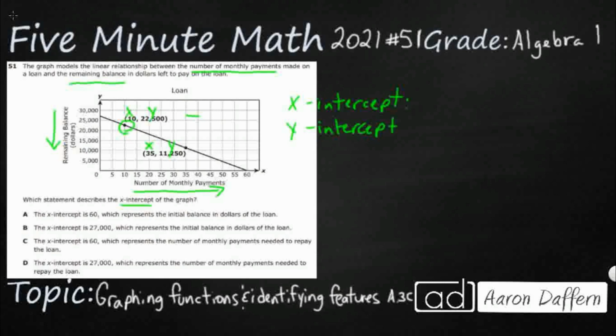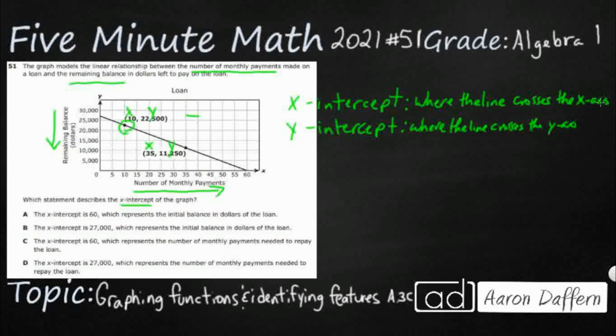So the x-intercept is where the function, in this case represented by the line, crosses the x-axis. And our y-intercept, since it's the partner, is where the line crosses the y-axis.